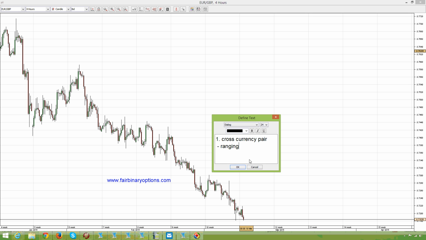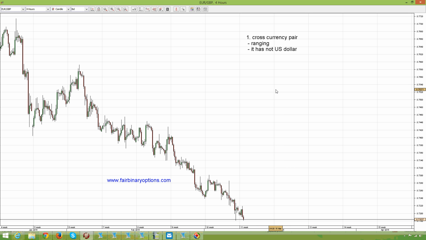Because it is a cross, it has no US dollar in it. And because it has no US dollar in it, already we know that it's not going to move based on the economic news out of the United States, but based on the economic differences between the two economies it represents, namely the European, the Eurozone economy, and the United Kingdom, the British economy.